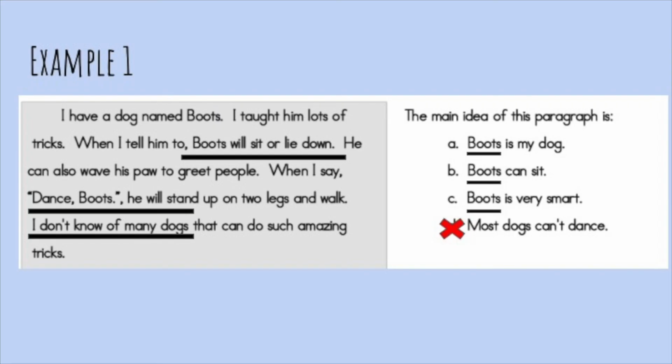Here are some details that support the main idea. When I tell him to, Boots will sit or lie down. Or, when I say, "Dance, Boots," he will stand up on 2 legs and walk. And finally, I don't know of many dogs that can do such amazing tricks.